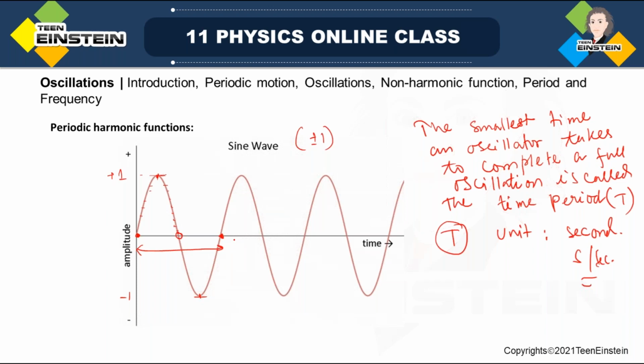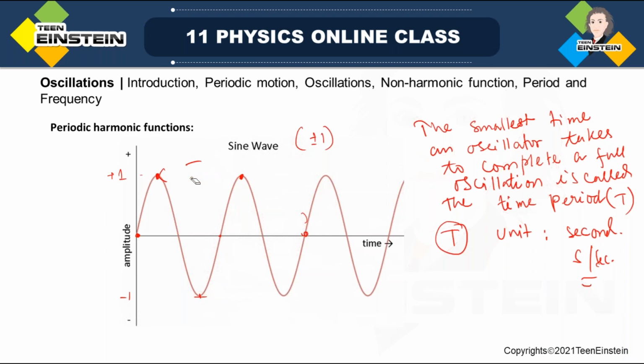If this is one time interval T, and then the motion repeats from here, this is another T. If I consider the motion from the maximum value, from this point, then one full oscillation will complete from here to here. So this time gives you the time period.